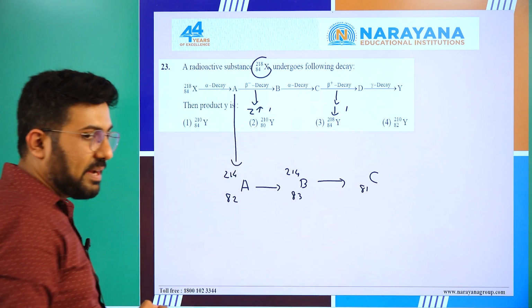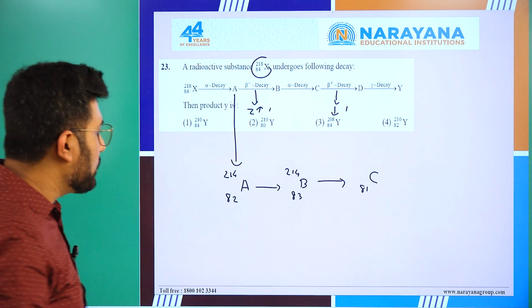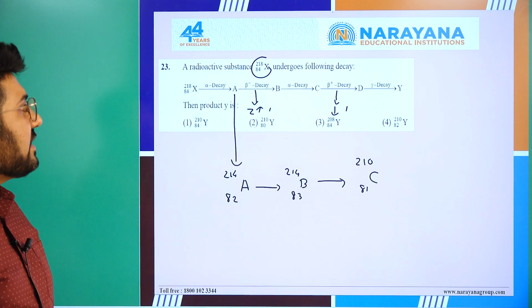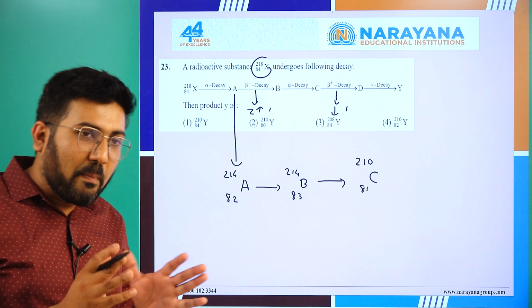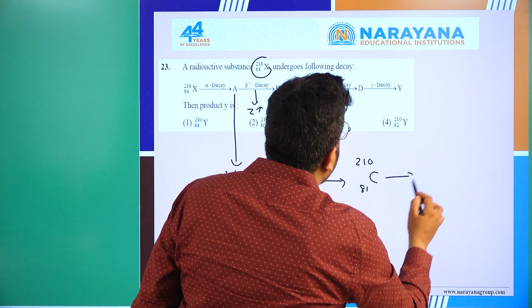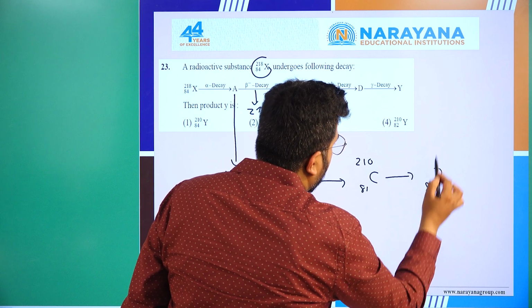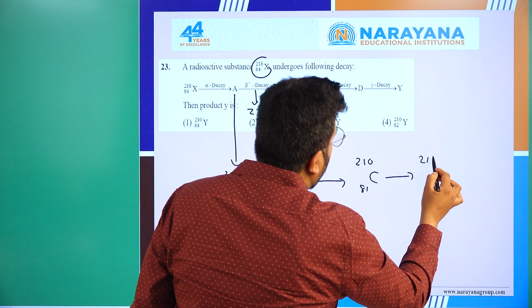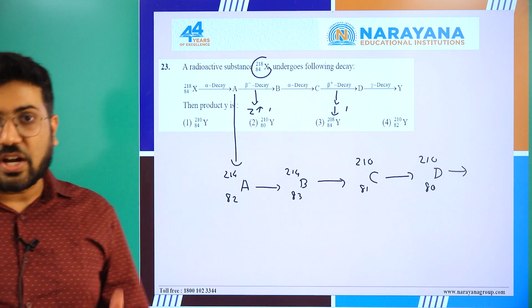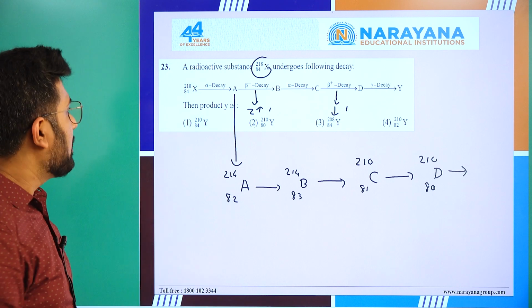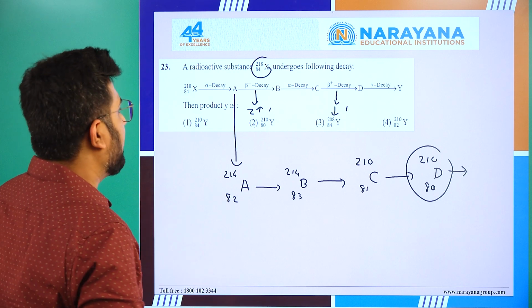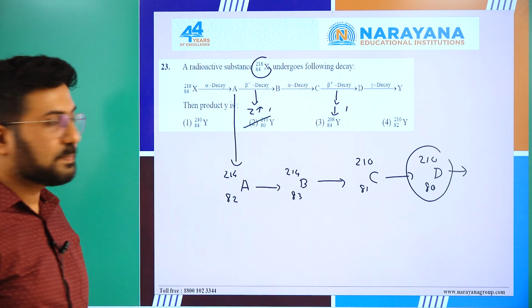From 83 it will become 81 because the charge number decreased by 2 and the mass number decreased by 4. Then we have a beta plus decay in which the mass number will not change and the charge number will decrease by 1. So from here I get the new element D, which is 80, 210, and gamma decay does not change the charge number or mass number. So the final product is 80 and 210.